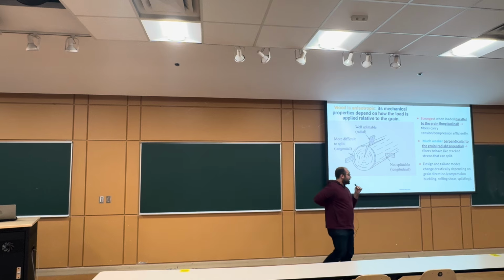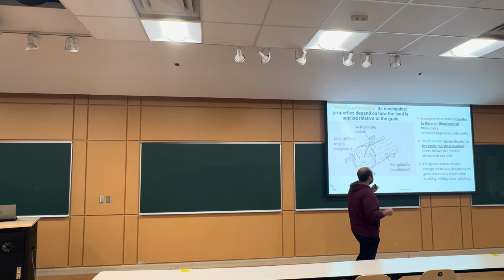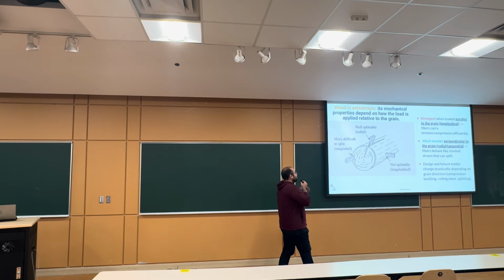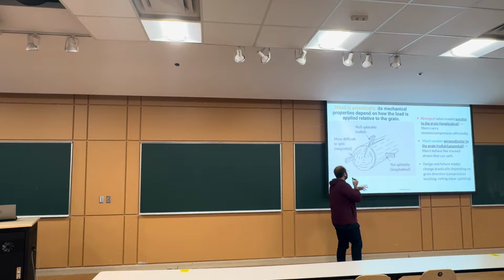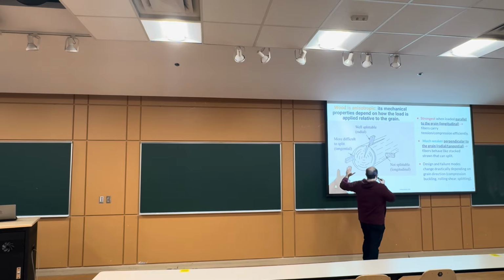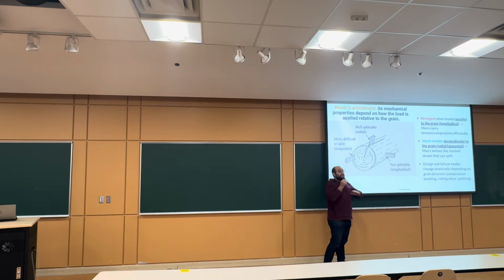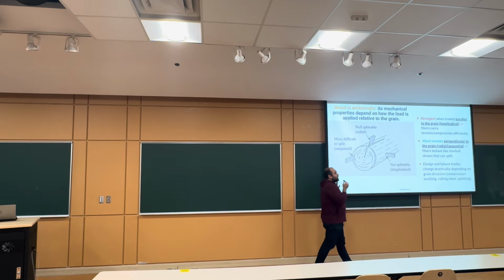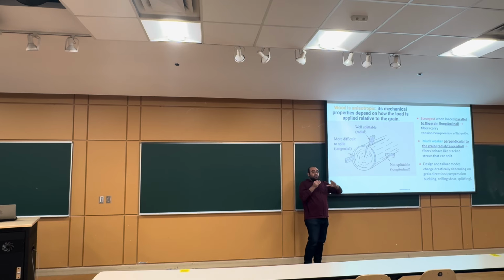Perfect. So this takes us to a very important point: design and failure modes change drastically depending on the grain direction. If we are loading the material in the longitudinal direction, we expect a failure mode that is much different from the radial or the tangential directions. If we are loading longitudinally, we expect the normal crack propagation, and we expect the normal brittle or ductile failures.